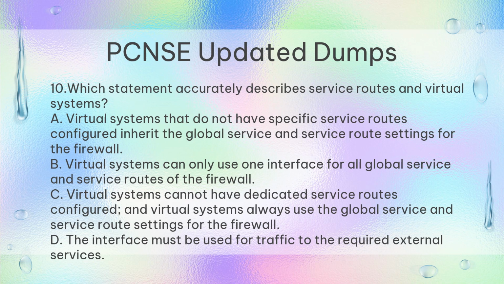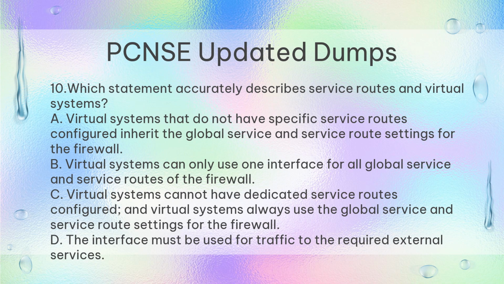10. Which statement accurately describes service routes and virtual systems? A. Virtual systems that do not have specific service routes configured inherit the global service and service route settings for the firewall. B. Virtual systems can only use one interface for all global service and service routes of the firewall.